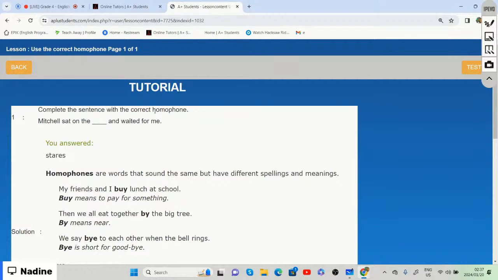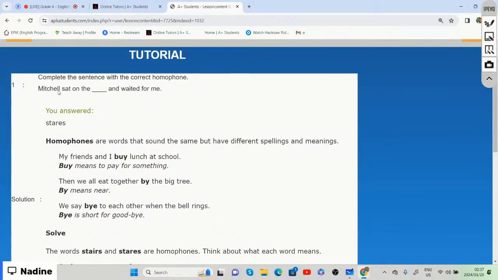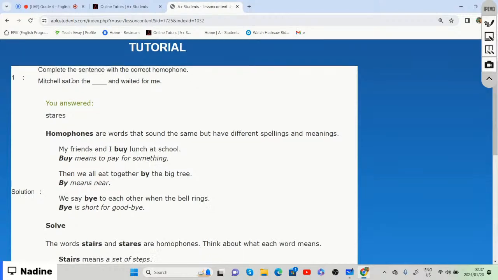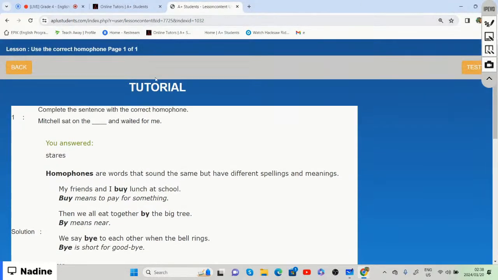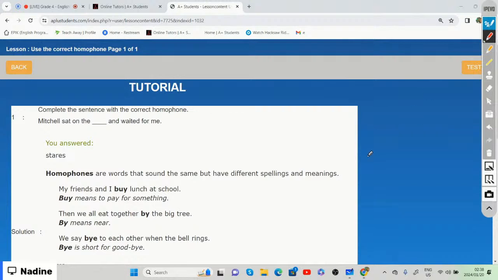All right. It says here we need to complete the sentence with the correct homophone. Michelle sat on the blank and waited for me. So here it says Michelle sat on the stairs, right?